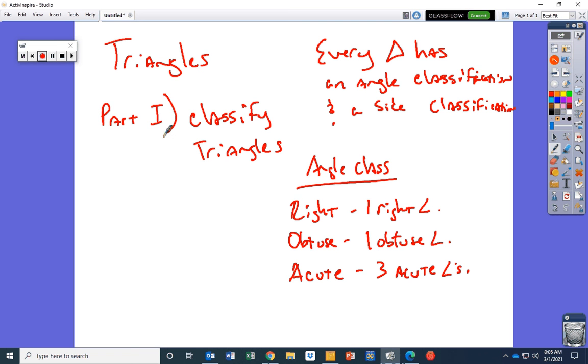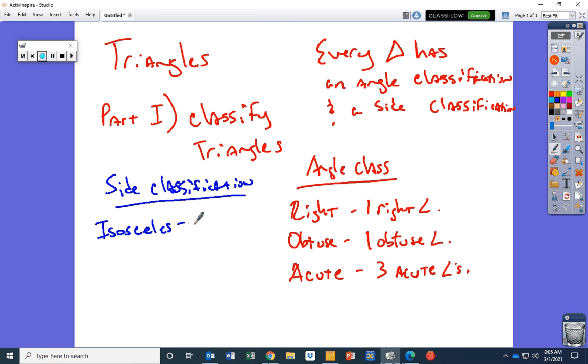All right, the next thing, every triangle is also classified by side classification. Jada said one of them. Did you say isosceles? What does isosceles mean?